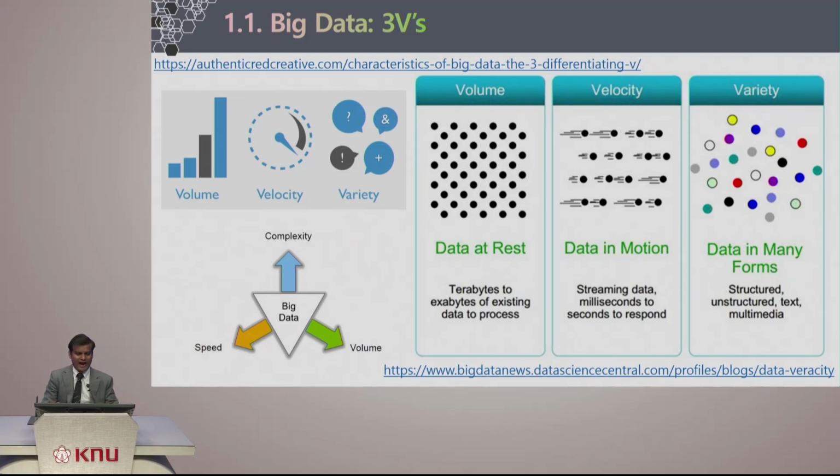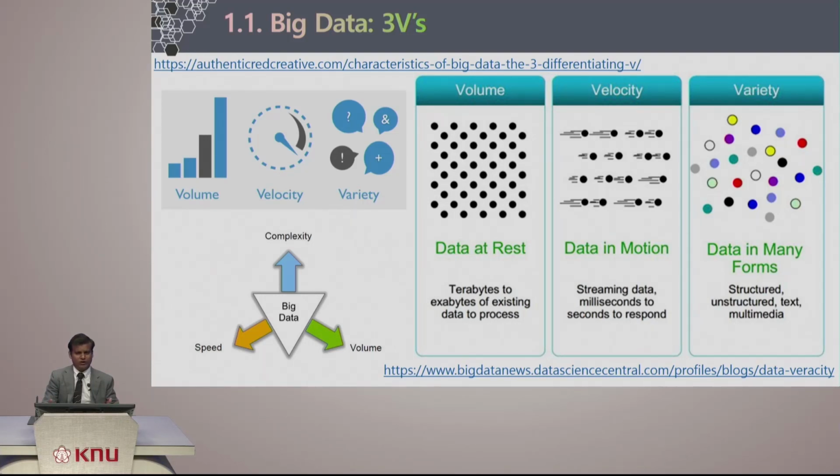They have huge antennas pointed towards space, collecting a huge amount of data every second. That clearly applies to the term velocity.